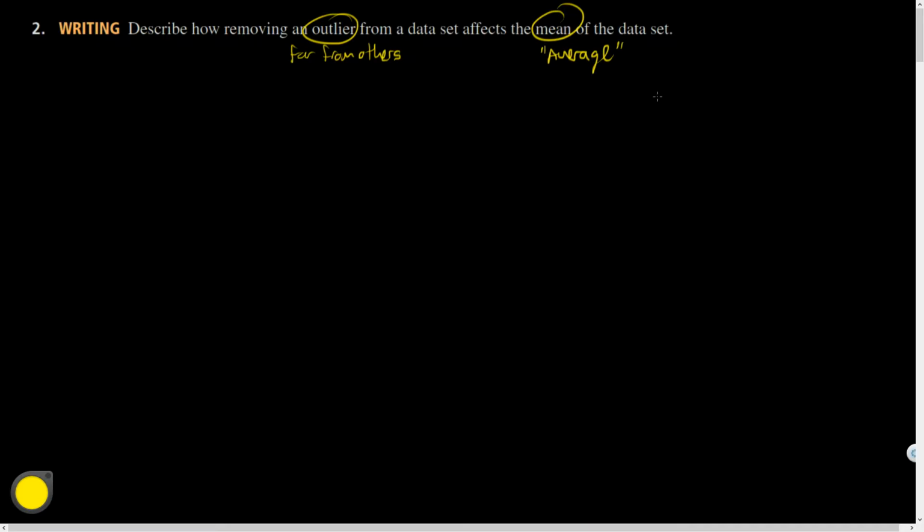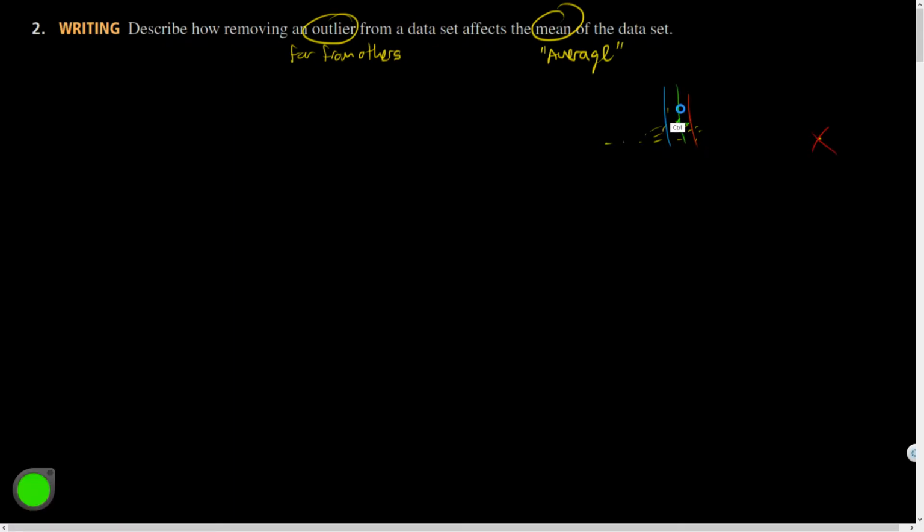So what does it do if I have that? Now imagine I've got a data set like this, and I've got a frequency, and then I've got this one outlier way over here. Maybe the original mean would have been something like this. My middle number, the median, would probably still be over here. But if I end up choosing to exclude this outlier, it will actually take the mean and move it this way.